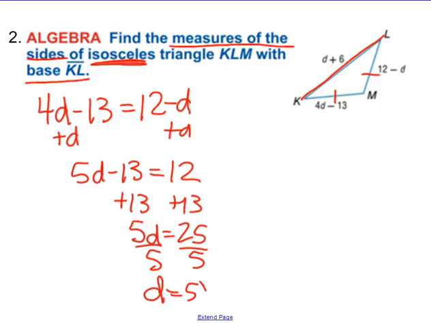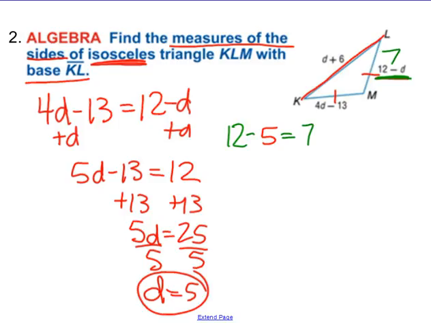So that means we have to take this D and plug it back in. So I'm going to plug it into this equation right here. And I'll do that in a different color. I'm going to plug D into that right there. So 12 minus D, which happens to be 5, equals 7. So I know that this side right here is 7.